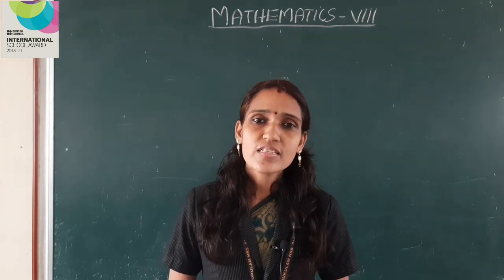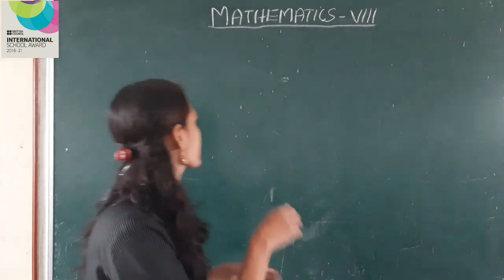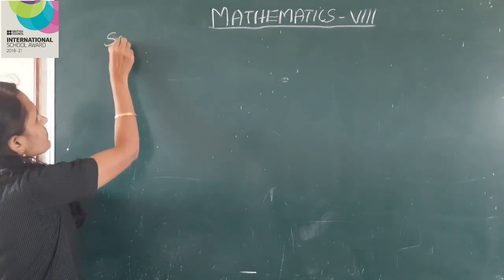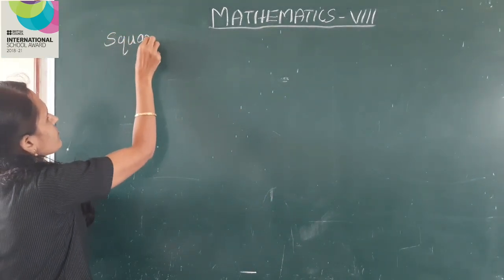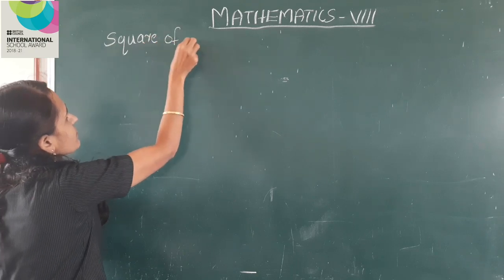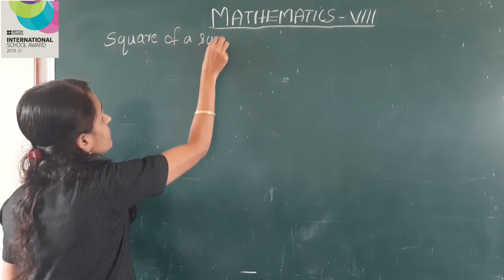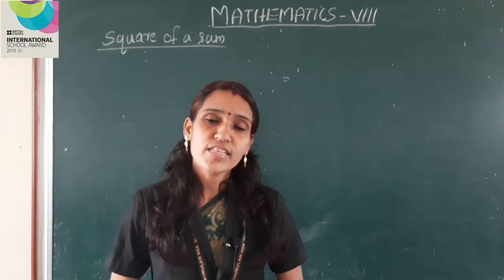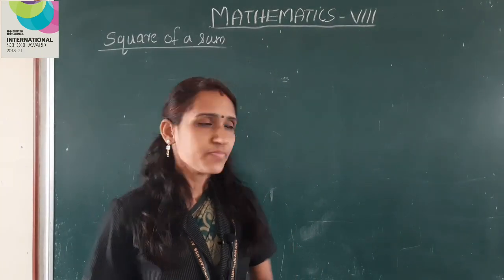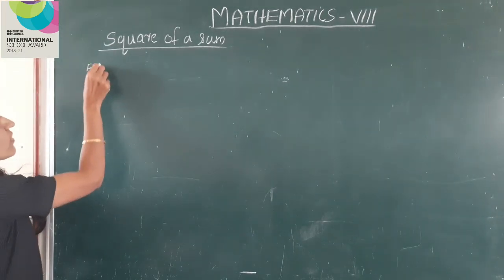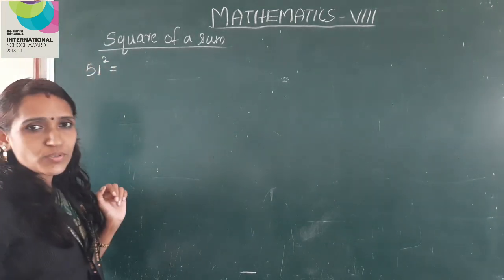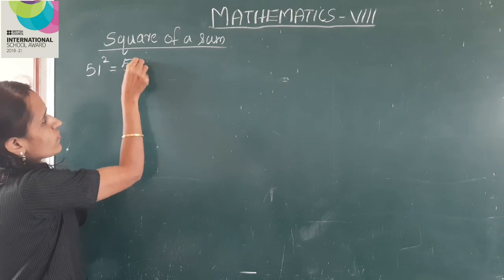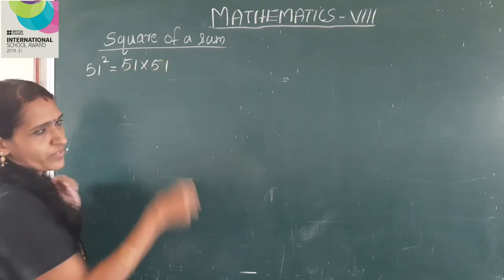Our topic is square of a sum. How will you find the square of 51? 51 square is equal to 51 into 51.